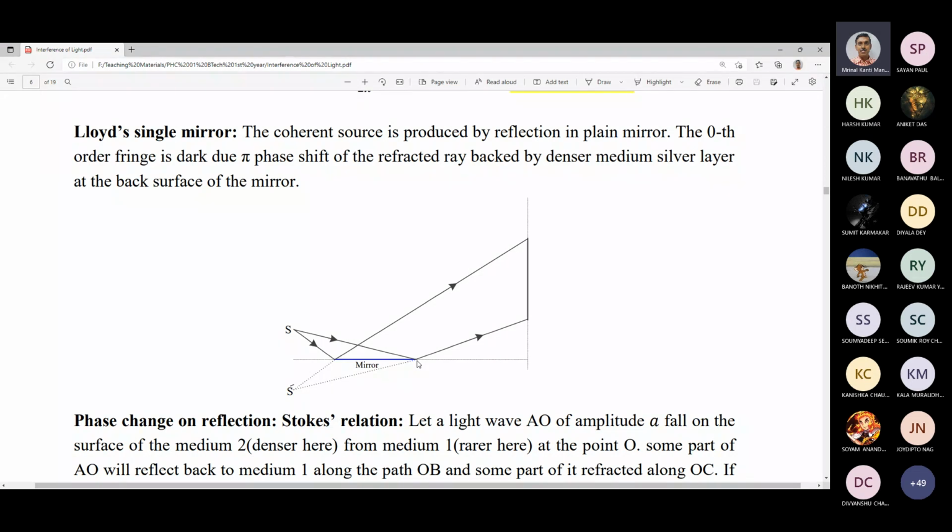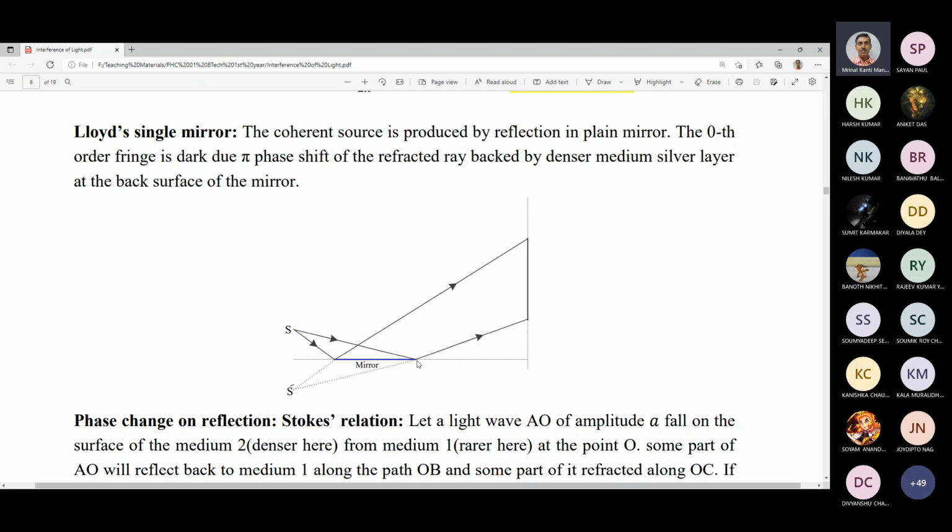In the previous case, at the position of 0 path difference, it is maxima. But in case of Lloyd's mirror experiment, at the position of 0 path difference, we get minima due to the abrupt phase change by reflection from the mirror.